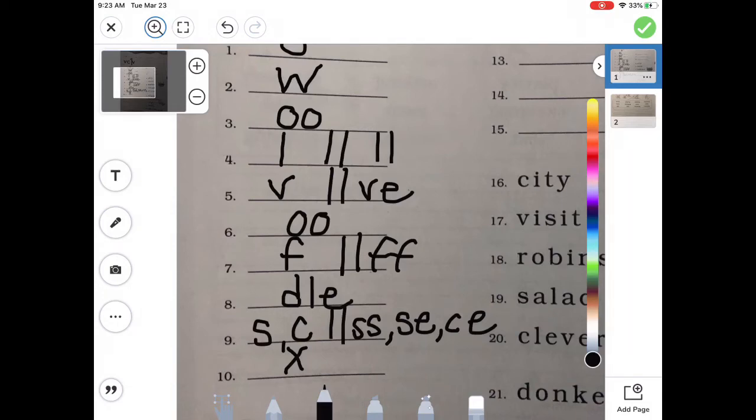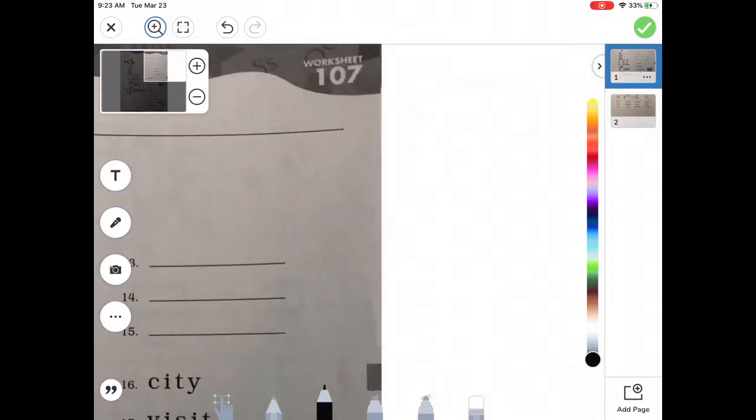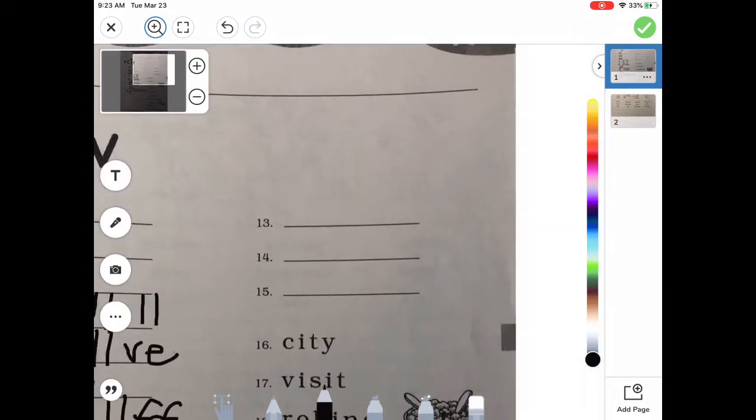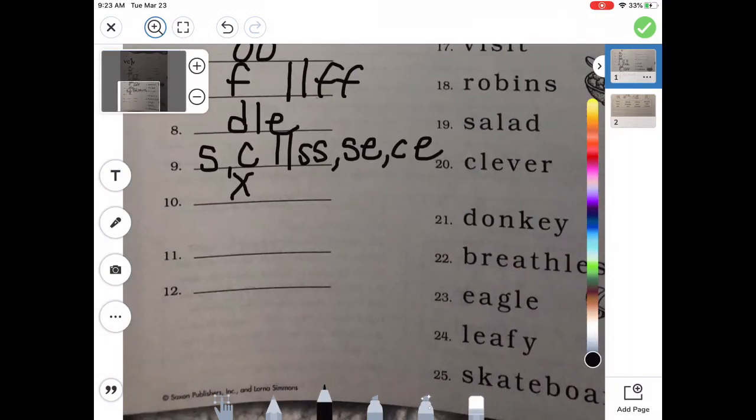All right, we're going to go ahead and try to practice spelling some words with those patterns now. So let's go down to number 11 and spell the word "both." So B, very good. Then O, very good.